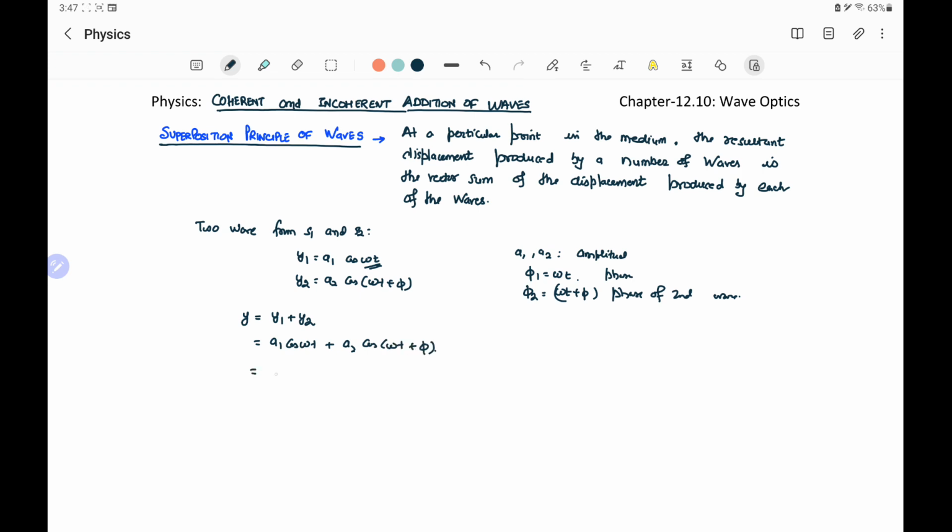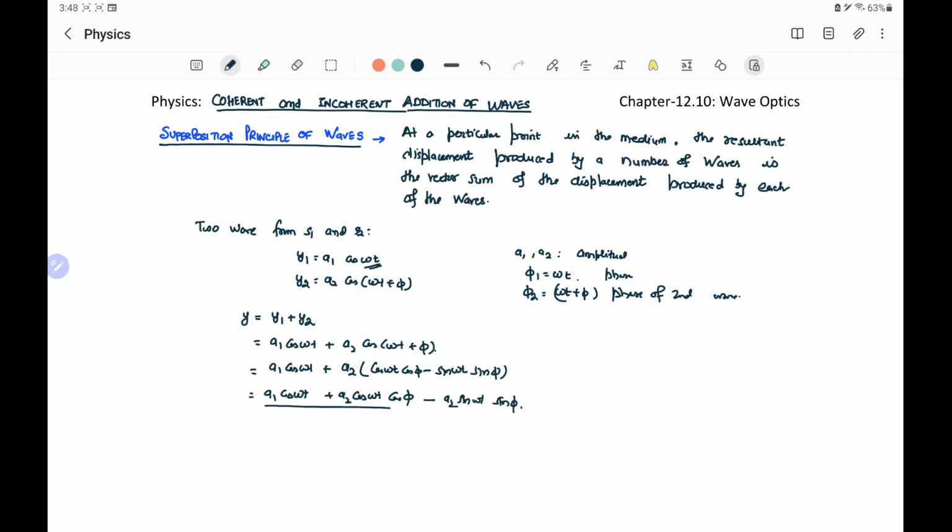We can simplify it by expanding cos (omega t plus phi) as cos omega t cos phi minus sin omega t sin phi. So it equals a1 cos omega t plus a2 cos omega t cos phi minus a2 sin omega t sin phi.